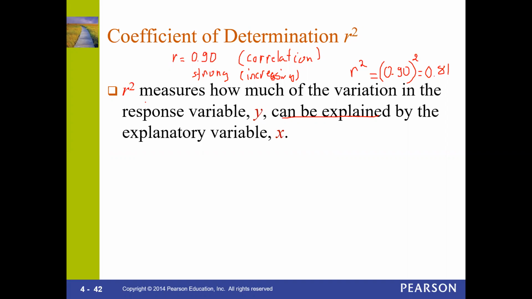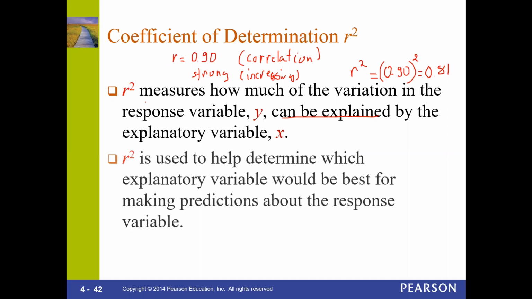That's another term to use as well. It is also used to help determine which explanatory variable will be the best for making predictions about a response variable. So this one is 81%, usually put them in percentage. Whenever we do the interpretation, we use percentage.